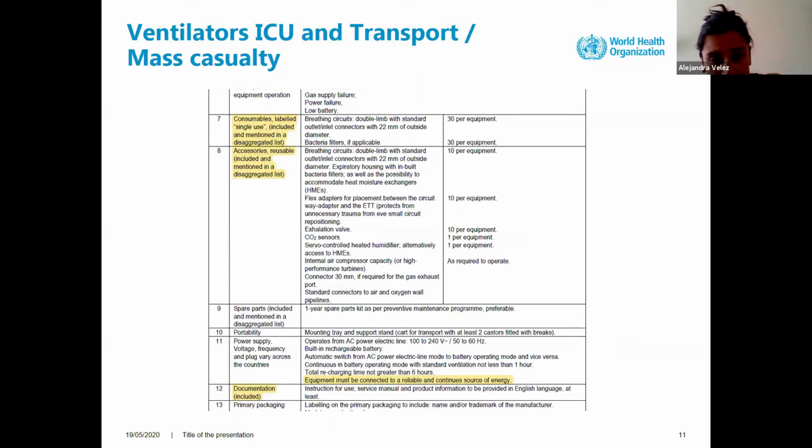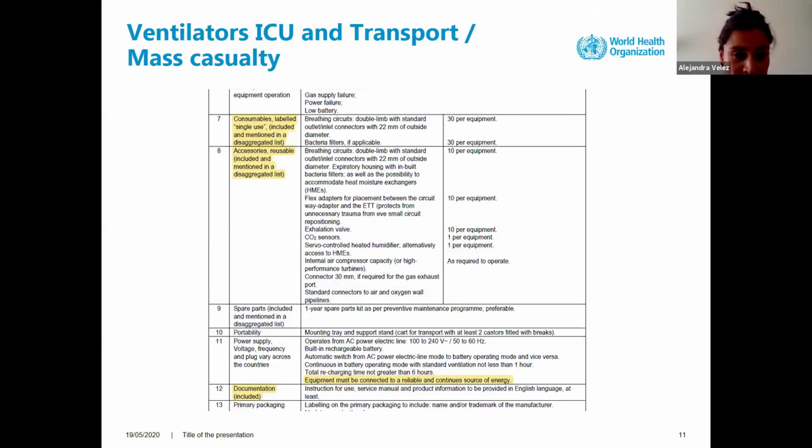As I said, quantities are approximate, so of course you can adjust them according to your need when you are doing your own procurement. We suggest including a disaggregated list of them and indicating if they are brand or generic. So you can also have from the beginning the calculation of costs, the life cost of the equipment.